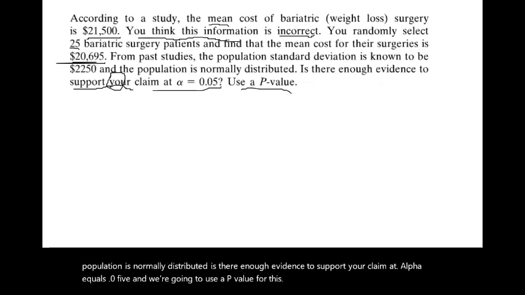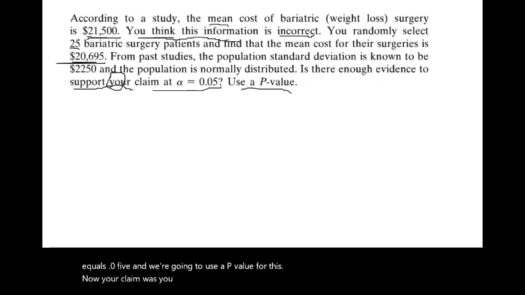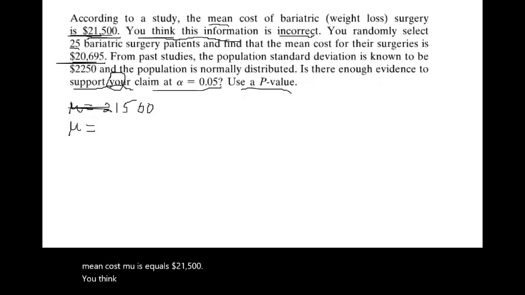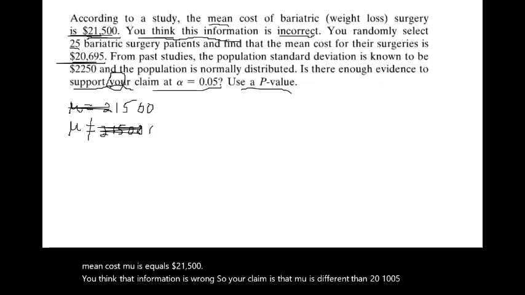Now, your claim was you think that this information here is incorrect. So the study says that the mean cost, mu, equals $21,500. You think that information is wrong, so your claim is that mu is different than $21,500.